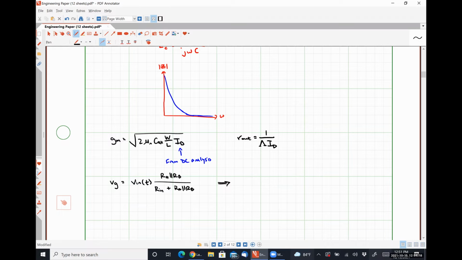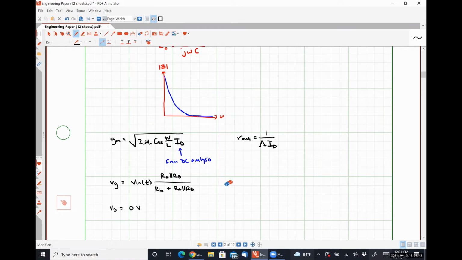Actually, I take that back. I'll talk about that in just a second. What's our small signal voltage VS? Still 0 volts. Our source is still tied to ground in both the large signal model and our small signal model.